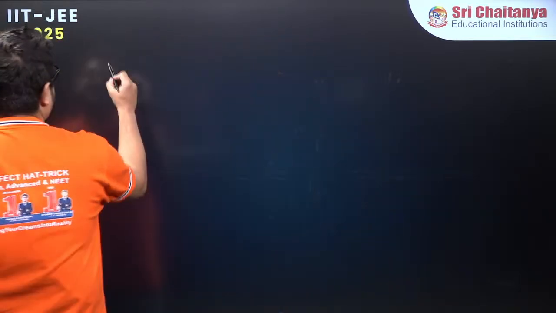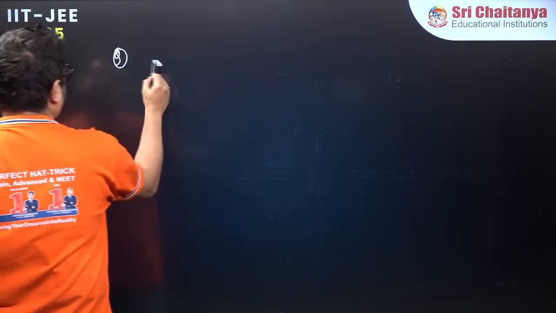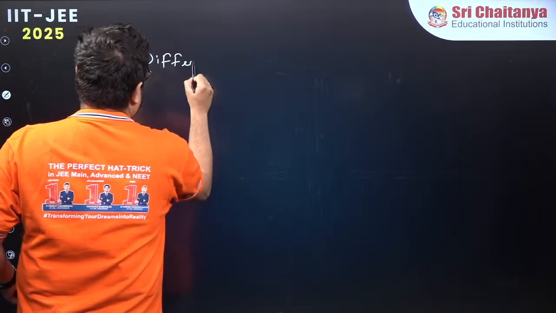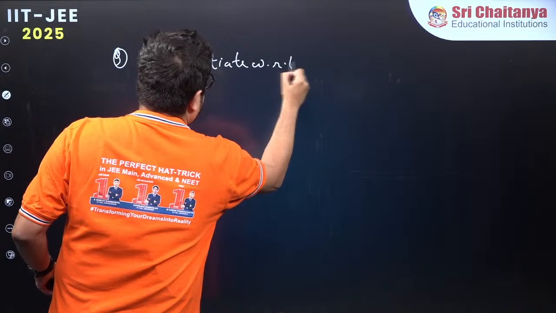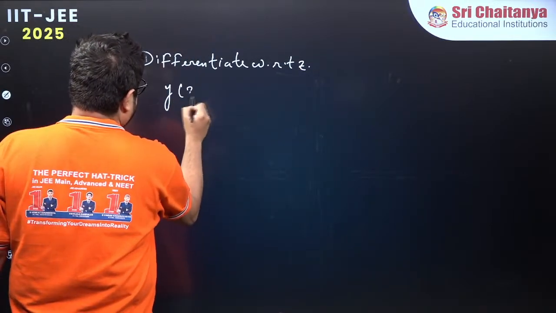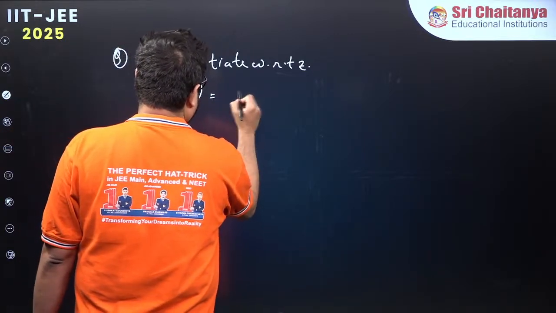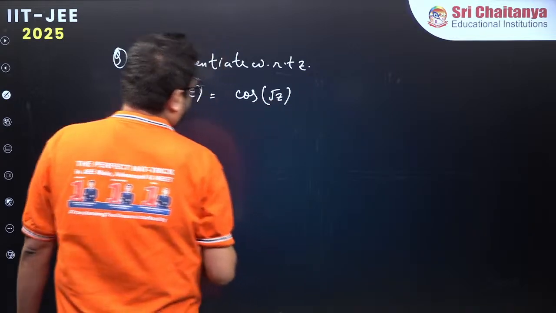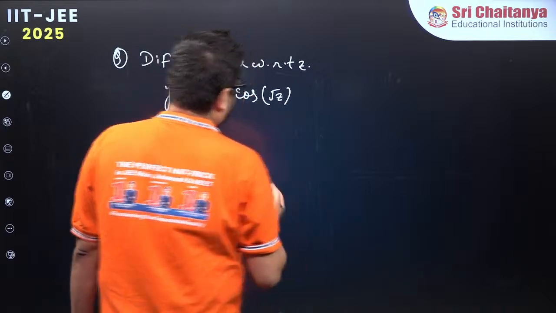So now the question is, differentiate with respect to z, where y as a function of z is nothing but cos of root of z, and let's say this is z square.